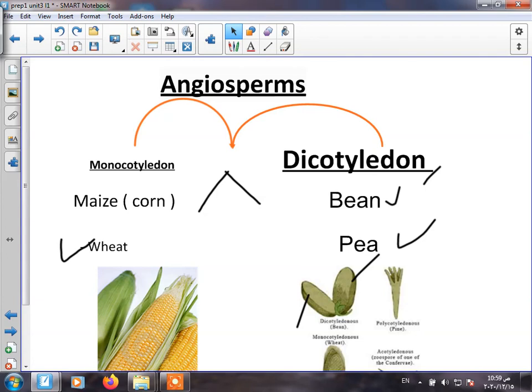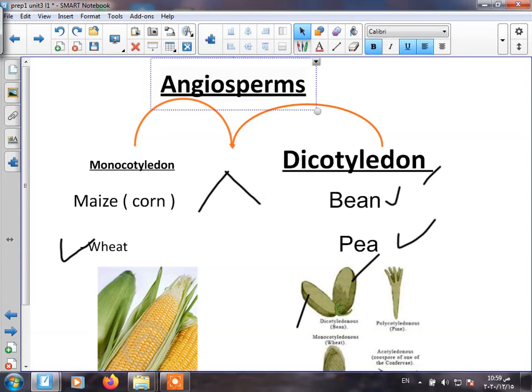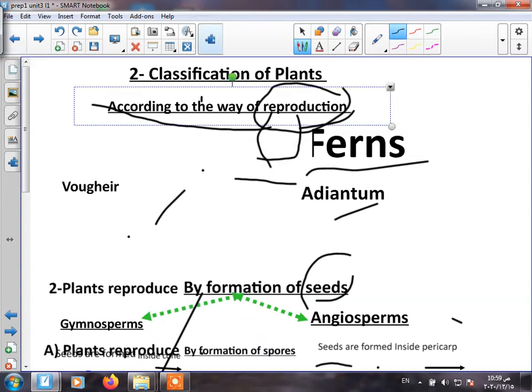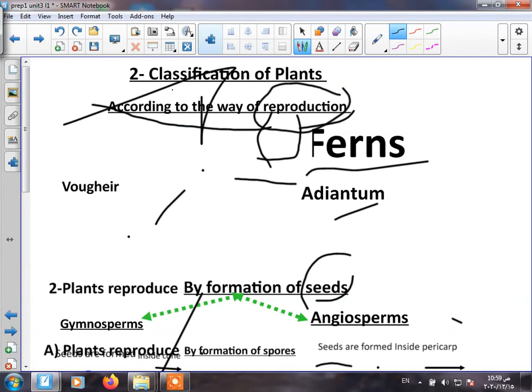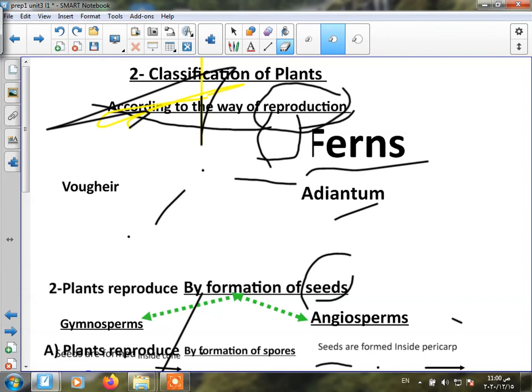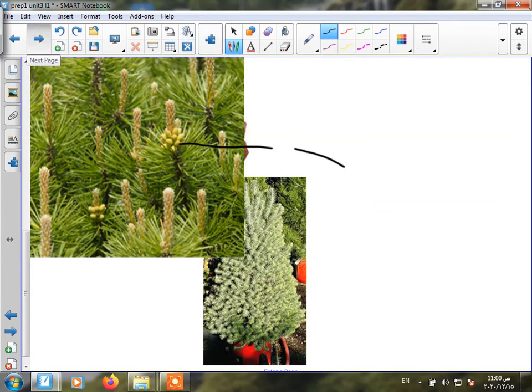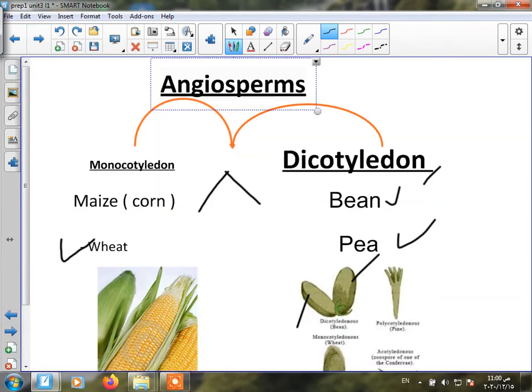So angiosperms are plants reproduced by formation of seeds inside a pericarp, while gymnosperms are plants that form their seeds inside a cone. In angiosperm I have two types, monocotyledon and dicotyledon.